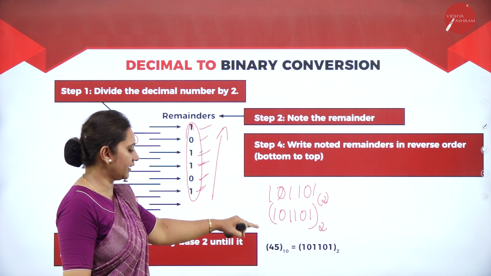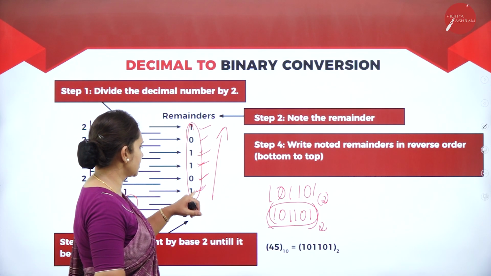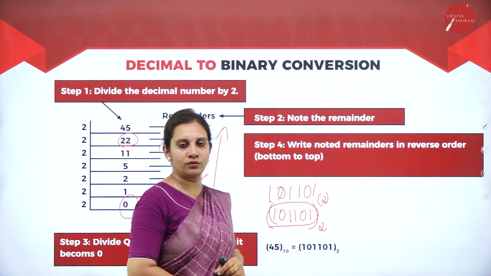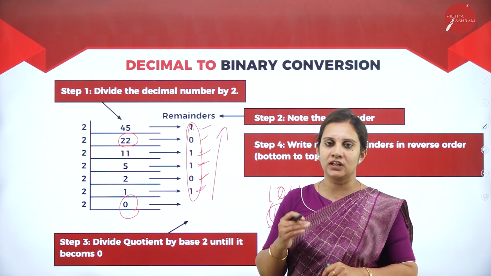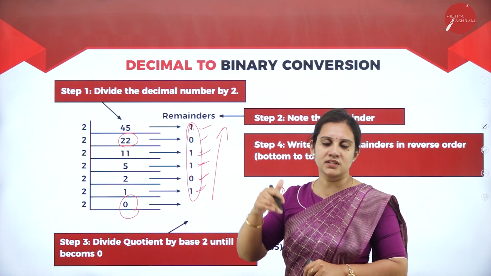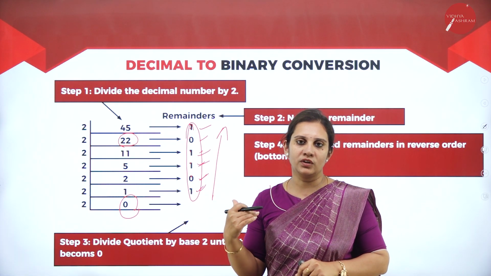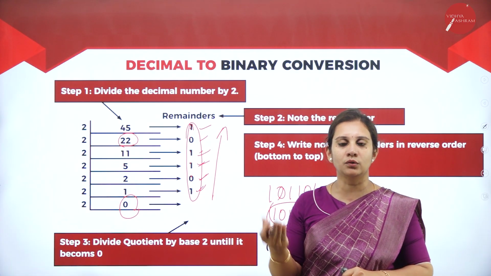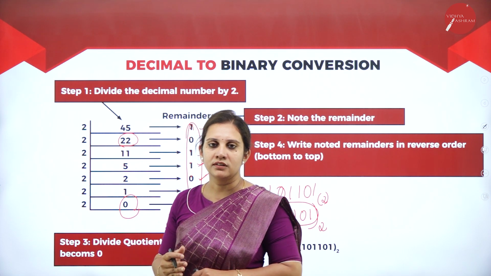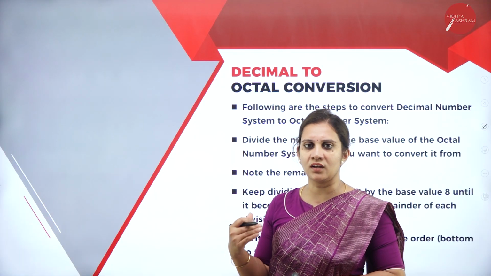So the 45, when I divided, the value in binary is 1 0 1 1 0 1 to the base 2. So this is the step we need to follow when converting from decimal to binary, that is the division method. Then what is the multiplication method, ma'am, you told? Of course, in the upcoming part, I'll let you know.